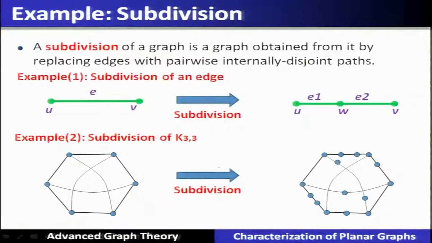Now, another example of a subdivision of a graph is a graph obtained from it by replacing the edge with pairwise internally disjoint paths. So, if we take the graph K33 and apply this particular subdivision, we will obtain another graph from K33 by subdividing these edges, this edge, this edge, this edge, and this edge.